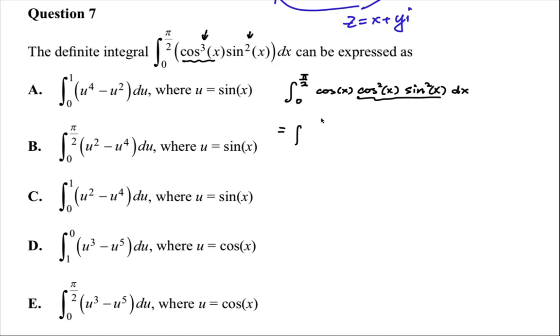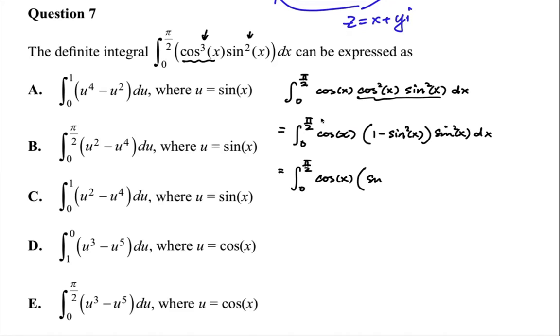So you should write 0 to half pi cosine x, writing cosine squared as 1 minus sine squared x, multiplied by sine squared x dx, okay? And then you should be writing 0 to half pi cosine x times sine squared x minus sine to the power 4 x dx. So apparently u is sine x.